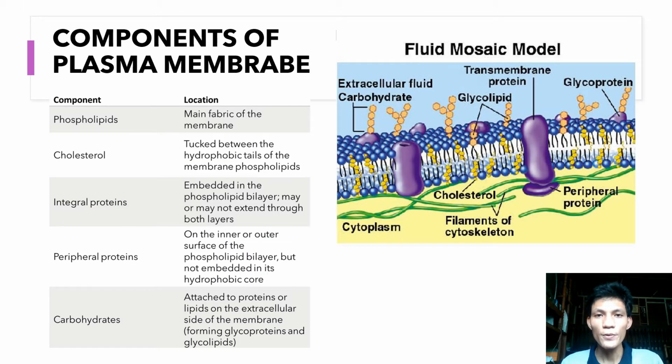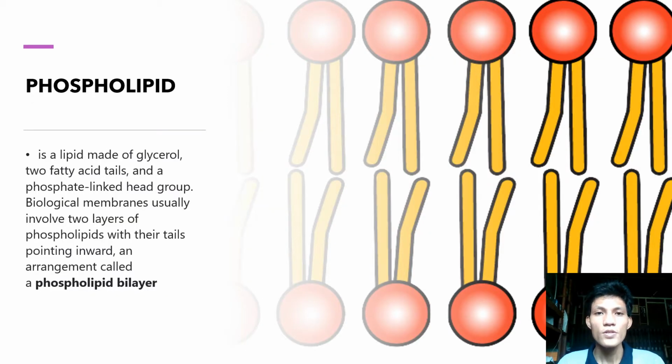The principal components of the plasma membrane are the lipids, which are the phospholipids and cholesterol, proteins, and carbohydrate groups that are attached to some of the lipids and proteins. Let's explore these components one by one. First is the phospholipid.